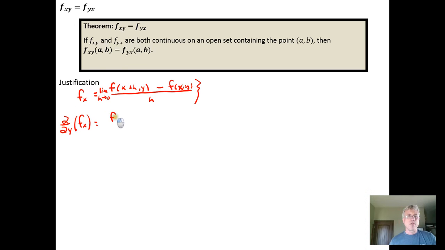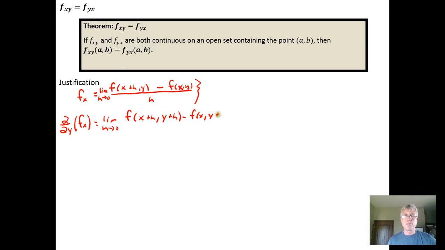So it's going to be f of, and I'll put the limit first. We need to take the limit as h goes to 0 to get the second partial derivative. Apply the definition of a derivative. If I'm taking it with respect to y, I hold the stuff that's already in the x position constant, so the x plus h stays, plus now we're going to vary the y, so we get y plus h, and our function is minus f of x plus h, y. Hold the x constant, vary the y.